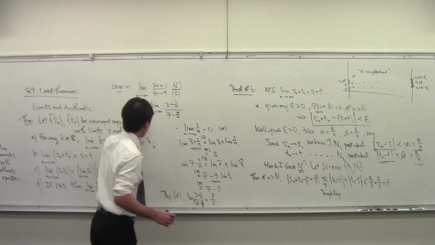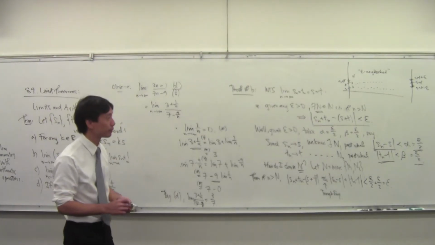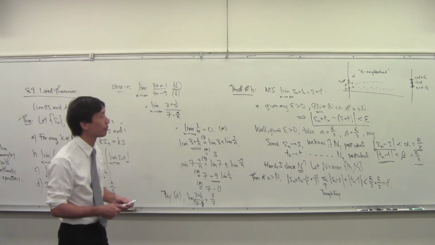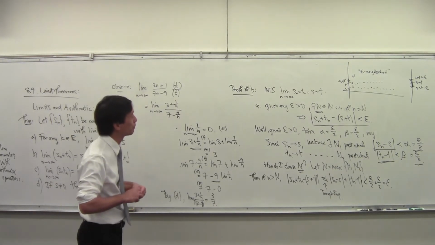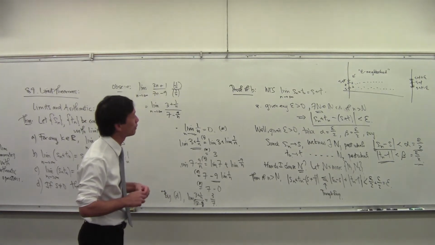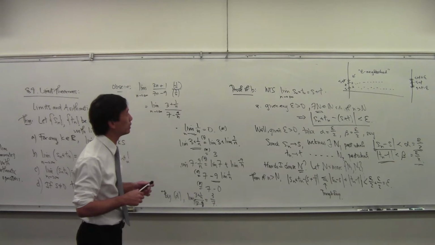Okay, any questions? Questions, Marco? Is there anything else you could say, for example, if the limit is being approached from the top for both S and T, could you say that S plus T is also being approached from the top? You could, yeah.